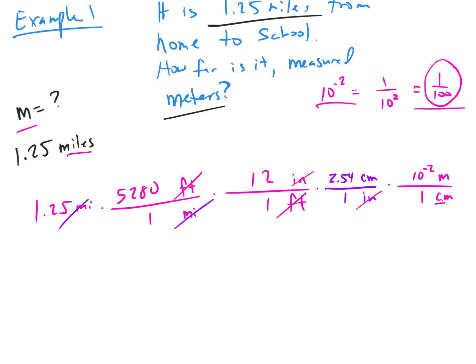Centi means 10 to the negative 2. So 1 centimeter is the same as 10 to the negative 2 meters. Do you see that? Or, if you know that 100 centimeters is the same as 1 meter, just do that.